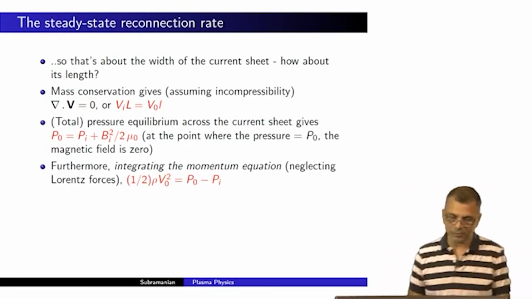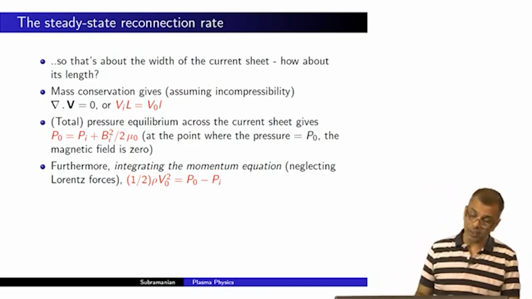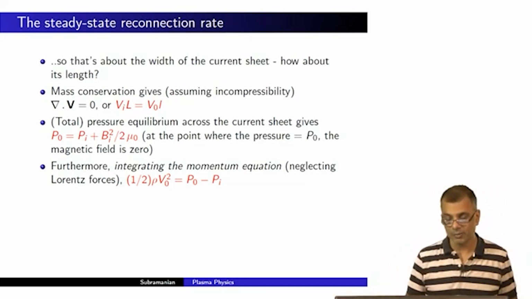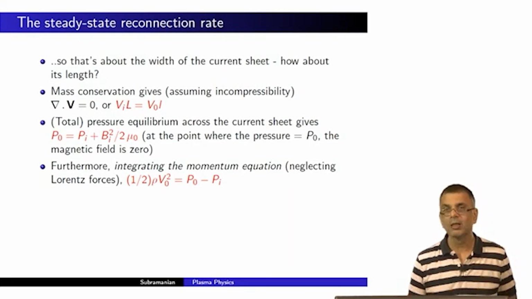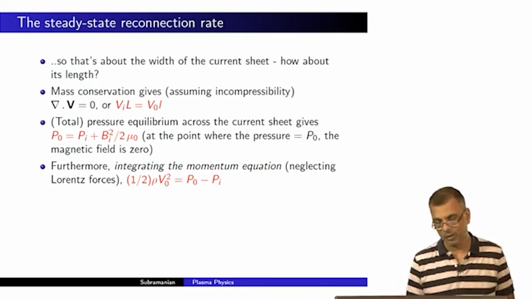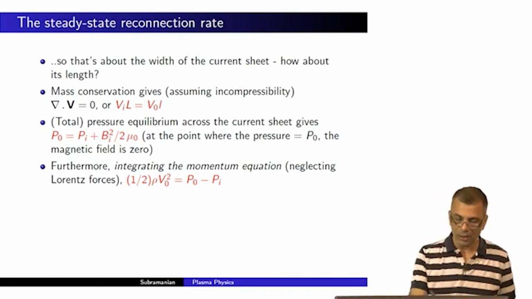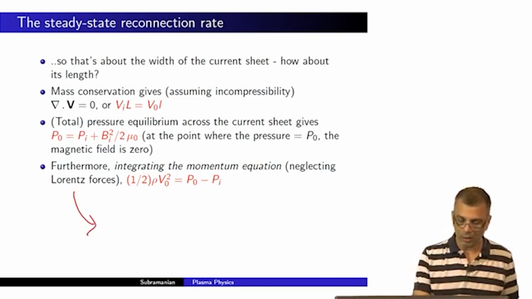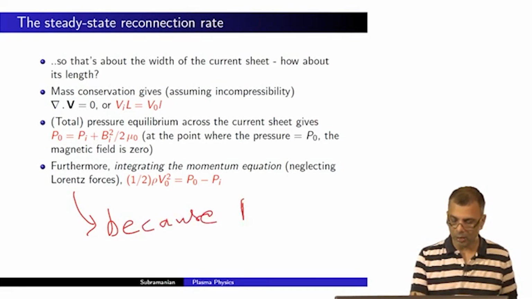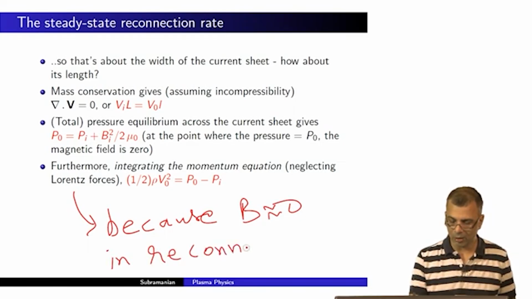Now, integrating the momentum equation, you get the difference in pressures is simply 1/2 rho V naught squared. We neglect the Lorentz forces. Why? Because B is nearly 0 in the reconnection region.